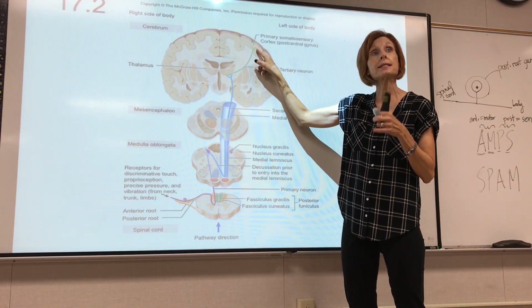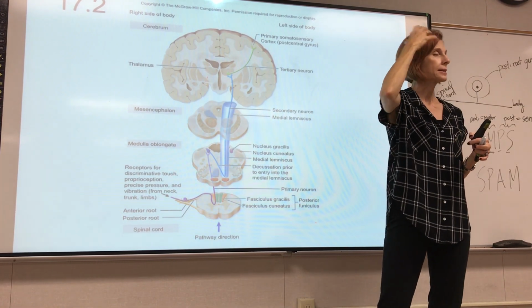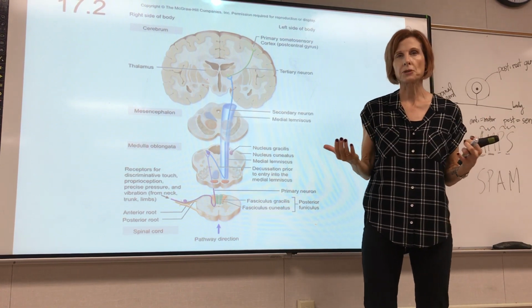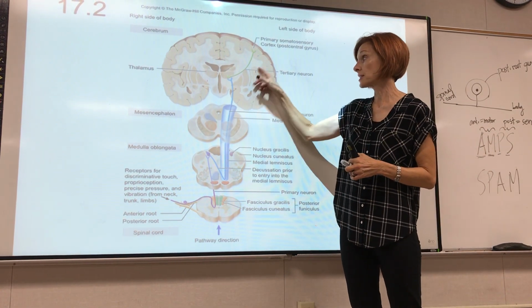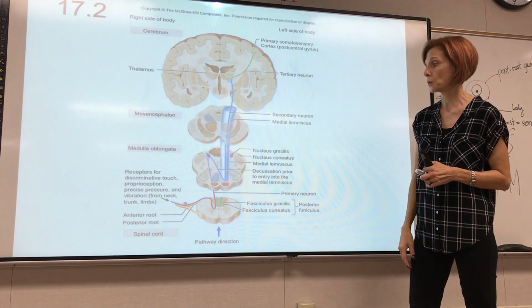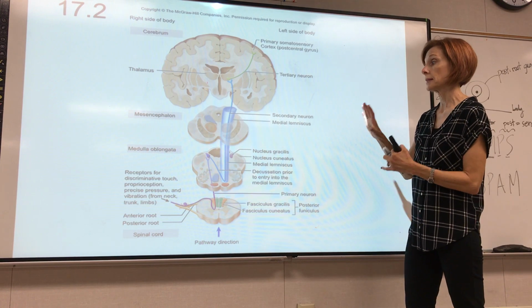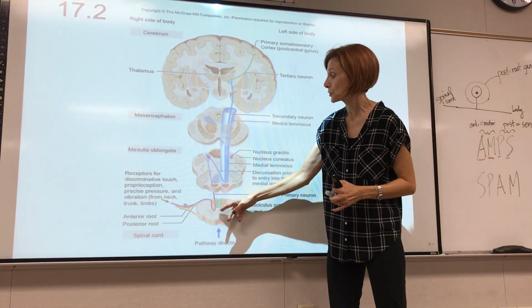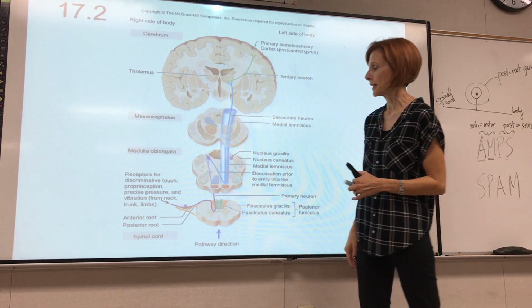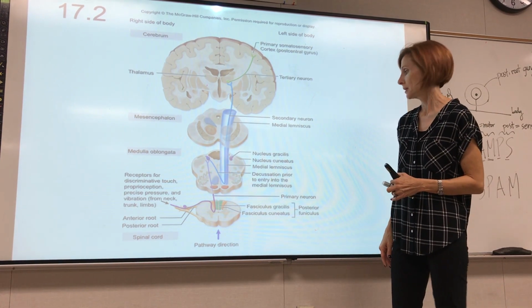So remember, we said this is the area of the brain, the cortex, that receives most of the sensory information from the body, except for our special senses. Okay, so notice this is stuff that we've already talked about here, so that makes sense. What we did not talk about is just the tract that carries it up through the spinal cord, so that's the only thing that we're leaving out here.